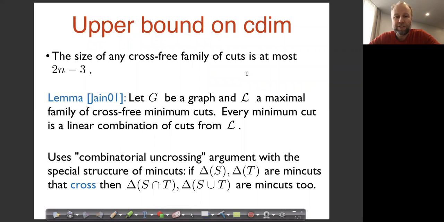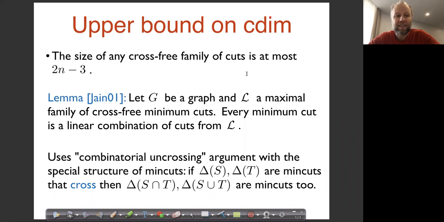If you have a graph G and a subset L, which is a maximal family of cross-free minimum cuts, so any other minimum cut crosses some cut in your family, that's what we mean by maximal, then actually every minimum cut is a linear combination of cuts from this set L.